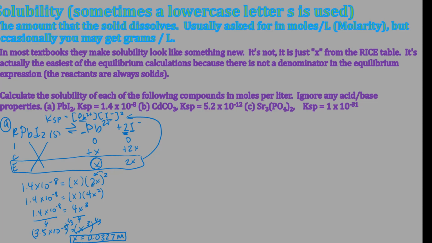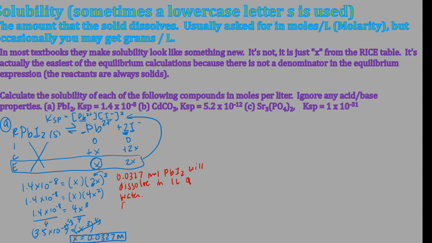And what that means, I'm going to write this in red. What that means is that 0.0327 moles of lead(II) iodide will dissolve in 1 liter of water. That's what that means.